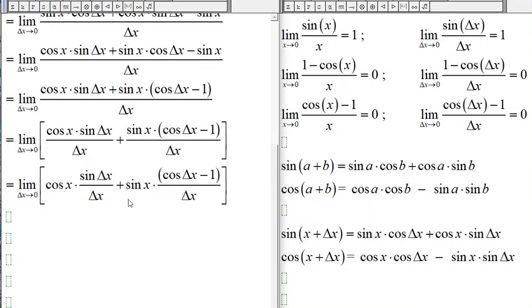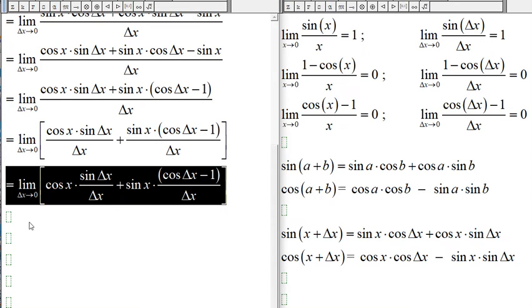And recall that the limit of a sum is just the sum of limits, and the limit of a product is just the product of limits. And so this will be the same as this.